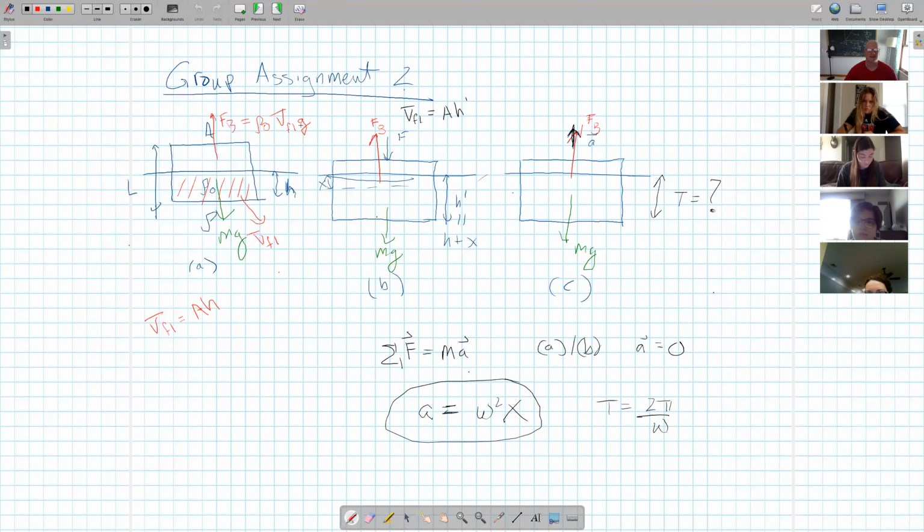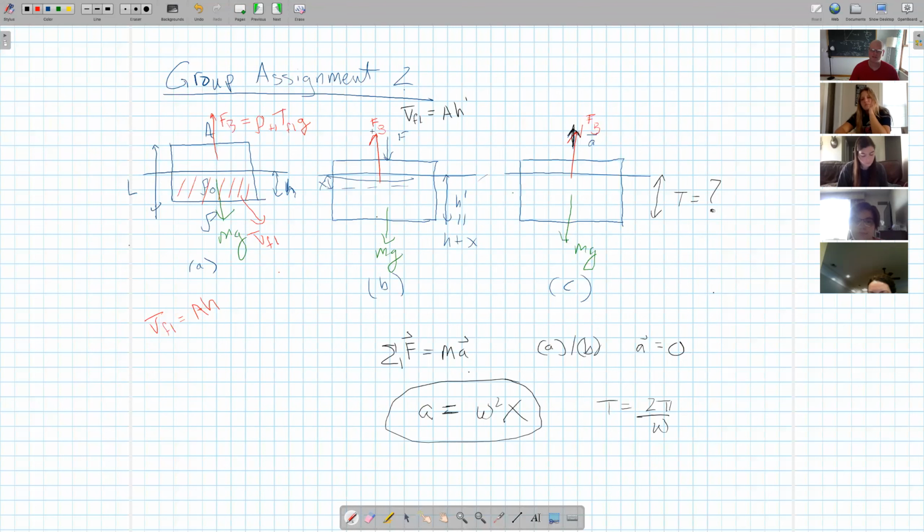The volume of the fluid is just the amount of volume which is actually submerged under the water. Since H of it is submerged, with cross-sectional area A times H, the volume of the fluid is A times H.